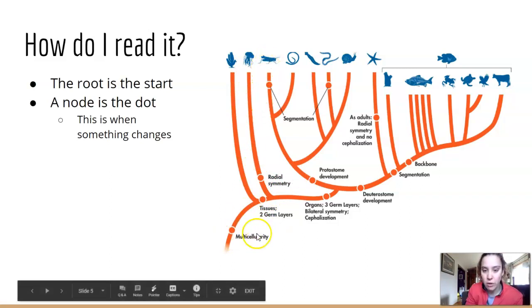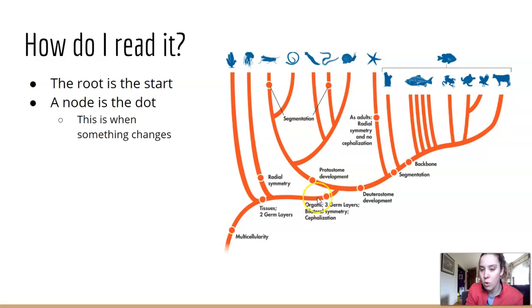Whereas compared to this, the grasshopper is multicellular. It has 2 germ layers. Well, actually, if we continue on, it has organs, 3 germ layers, bilateral symmetry, and we continue, protostome, and it has segmentation. So you can read through comparing the grasshopper to the jellyfish, and then comparing it to the fish or the cow over here that has a backbone and also has segmentation. So these dots can be reused, obviously, segmentation or other characteristics can be put on different parts of the graph as well.